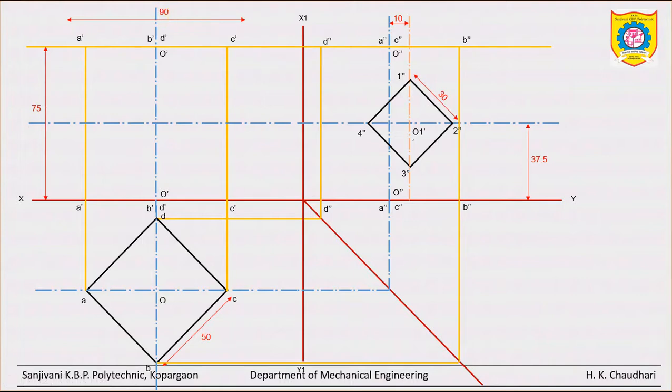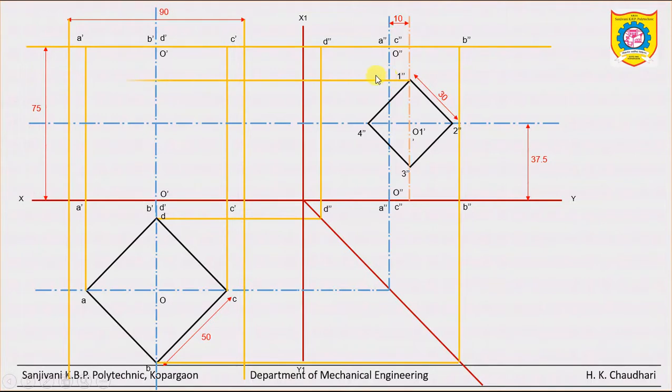Again, if it is not given, we can assume. Clear? So draw the end projector of these faces. On this vertical projection there will be left face, and here on this line will be the right face.